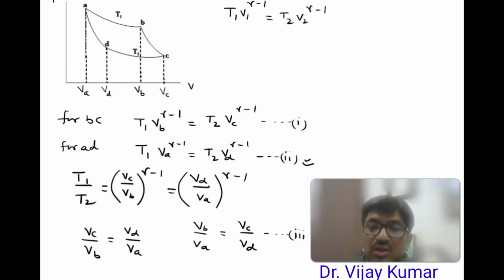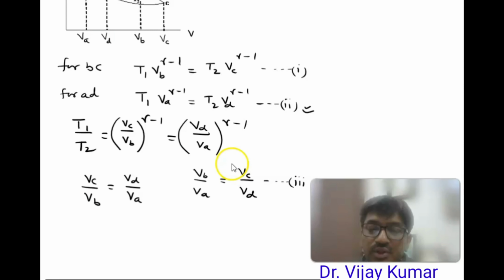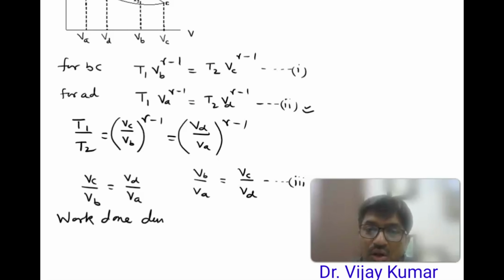Now we know that the work done during BC and DA together is 0.